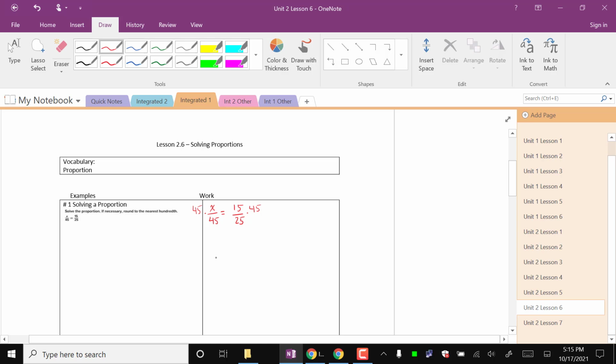When I multiply both sides by 45, I get x equals 15 times 45 is 675. Divide by 25. And when I divide 675 by 25, I get x equals 27. So to solve for x, we get 27.